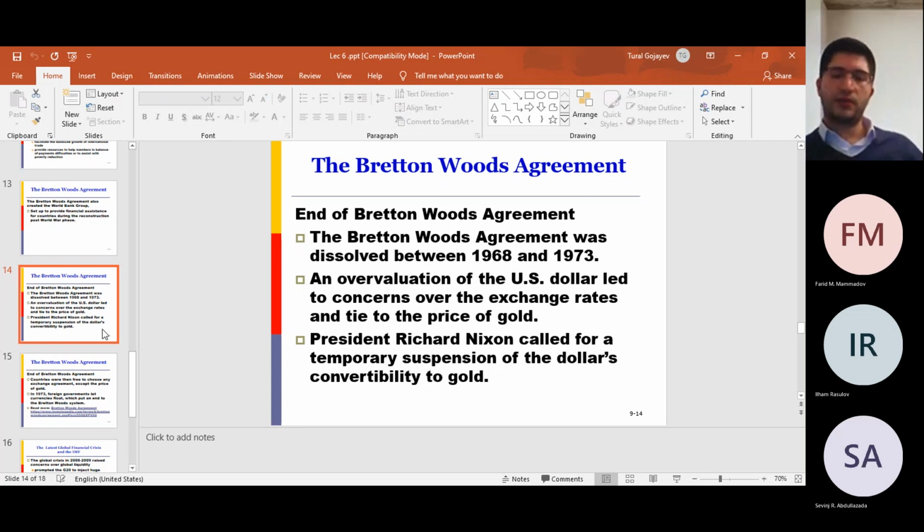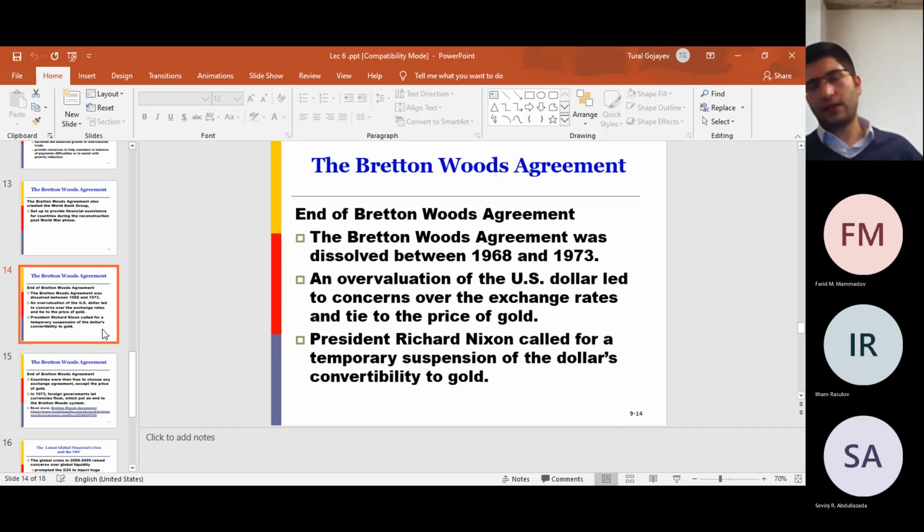Countries, for example the United States, were determining their currency based on it. The price of gold was accepted as fixed, and they were adjusting their currency to the price of gold. This is called the gold standard, but it also creates different problems.